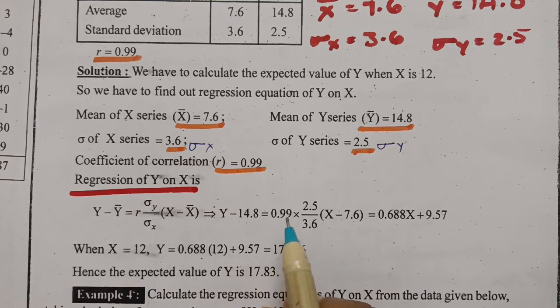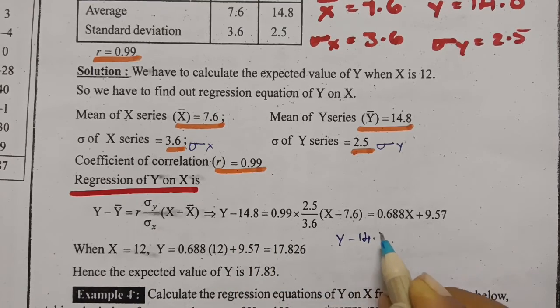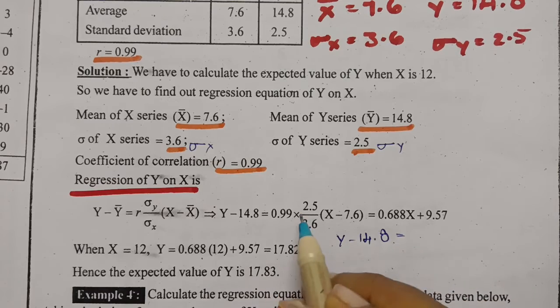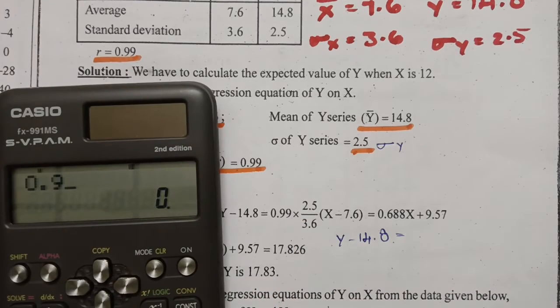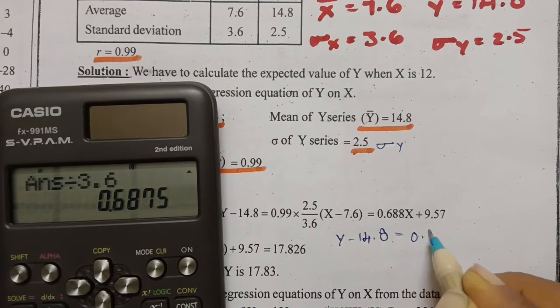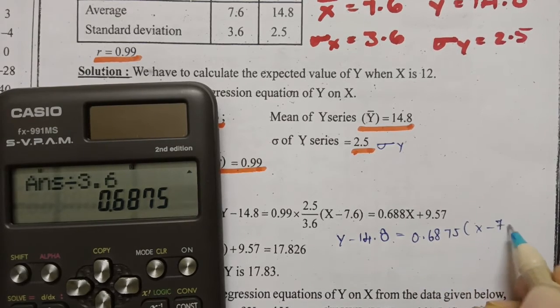So from this equation, Y minus 14.8 is equal to 0.99 into 2.5 divided by 3.6. The value here is 0.6875 into X minus 7.6.